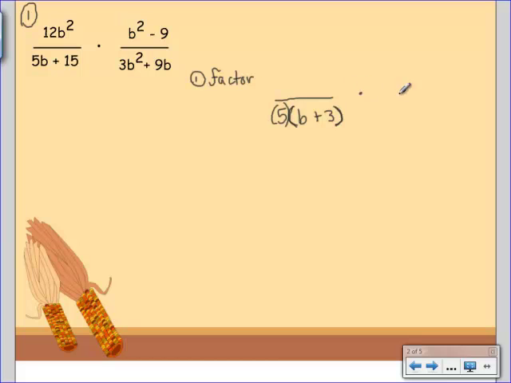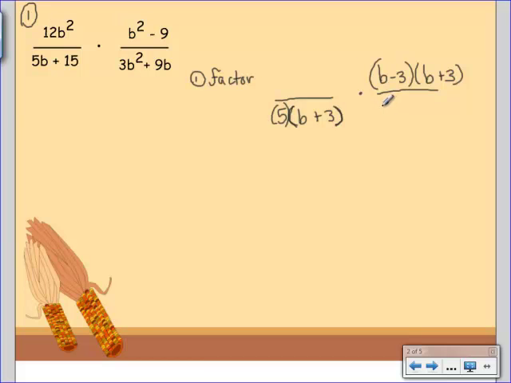And immediately my eye is taken to b squared minus 9, because I know b squared minus 9 has a factor of b minus 3 and another factor of b plus 3. So I can see my cancellation happening there.